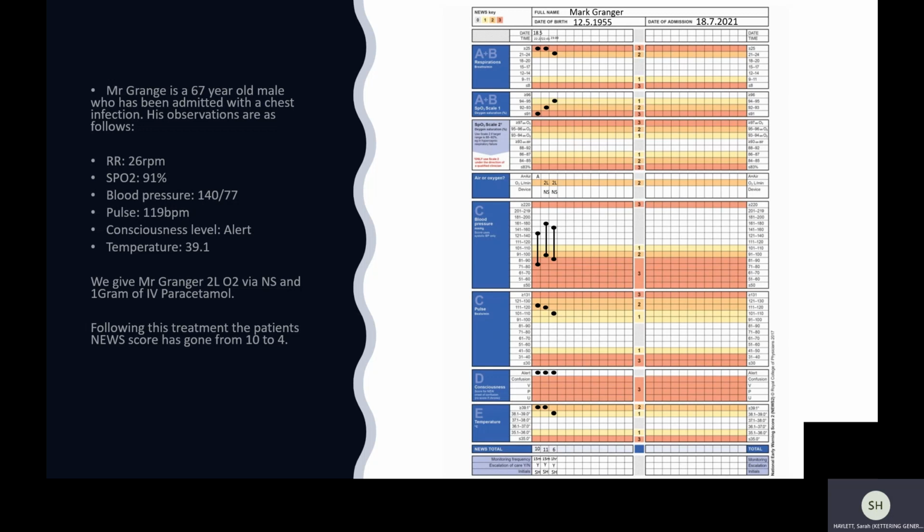Any dots in the white squares suggest the patient's vital signs are within normal ranges. So by adding these numbers up, we're able to get a NEWS score.